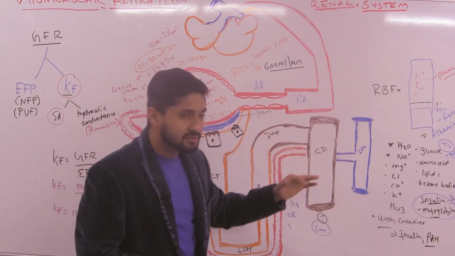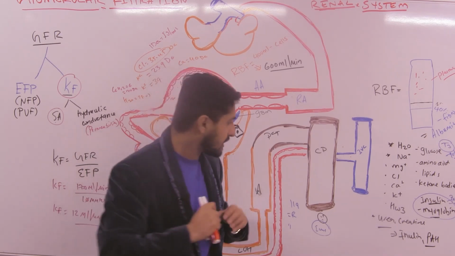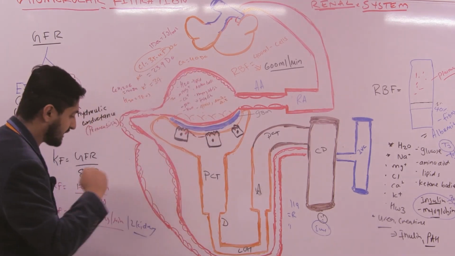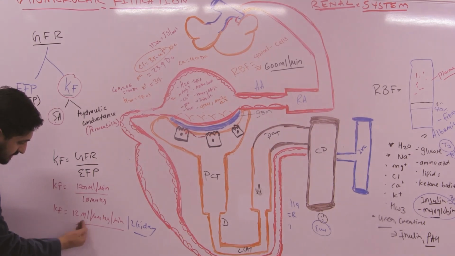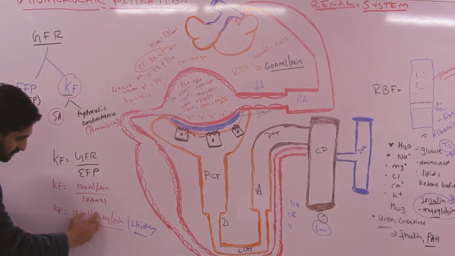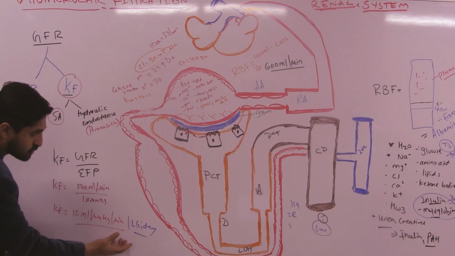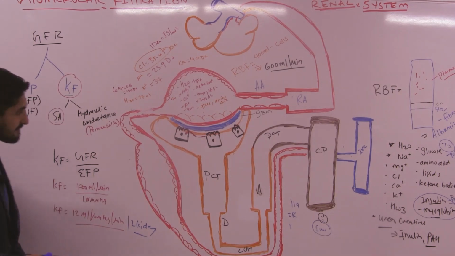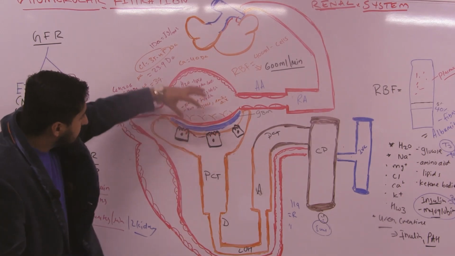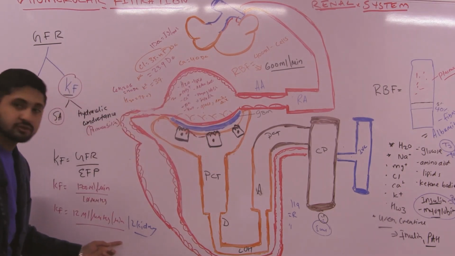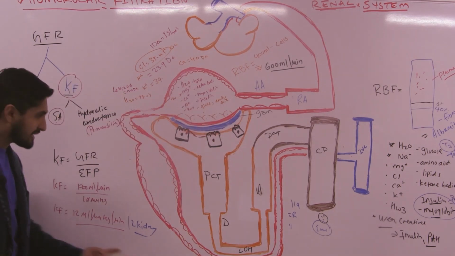That has to be equal. So that's how they maintain homeostasis, okay? That's something I wanted to quickly emphasize too. And this is the filtration coefficient, which basically means this 12 ml per millimeter of mercury per minute for the 2 kidneys is representing the hydraulic conductance and the surface area of those two kidneys. Okay, that's what it means.